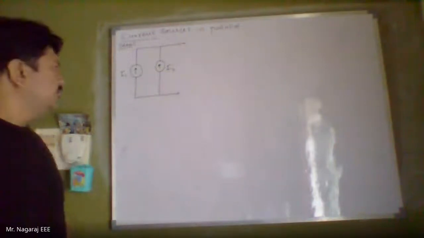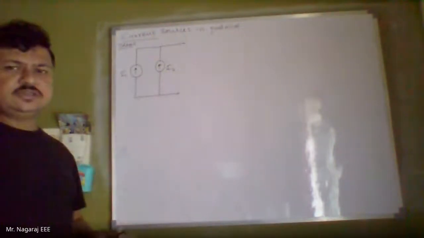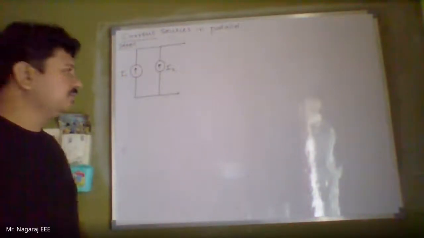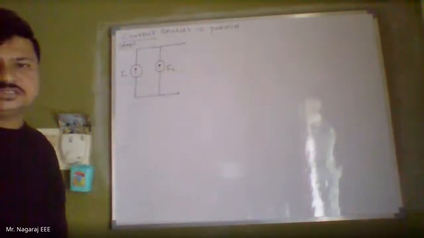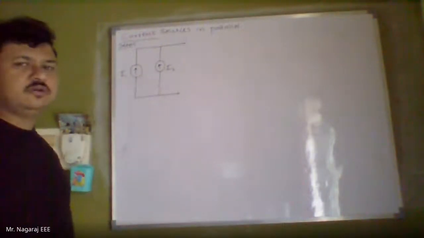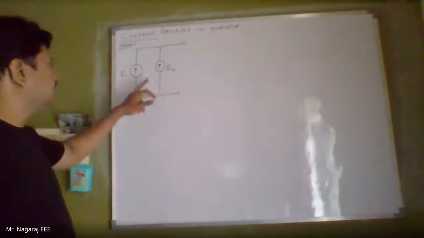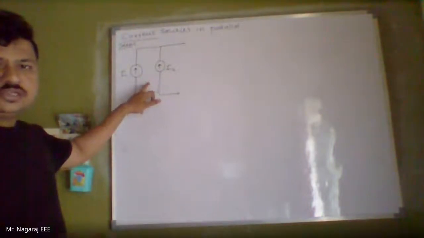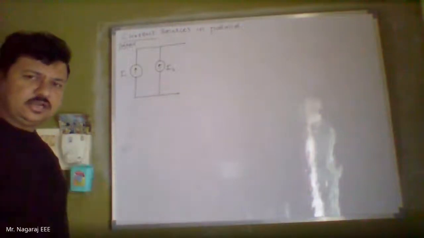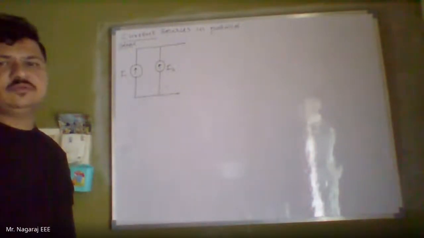Because in ideal conditions, a lot of things will not be present, analysis becomes very easy. Now, for example, there are no internal resistances. Simply by observing these two directions of currents, I will get to know what is the resultant current. As I go on adding the circuit components, it becomes more complex.